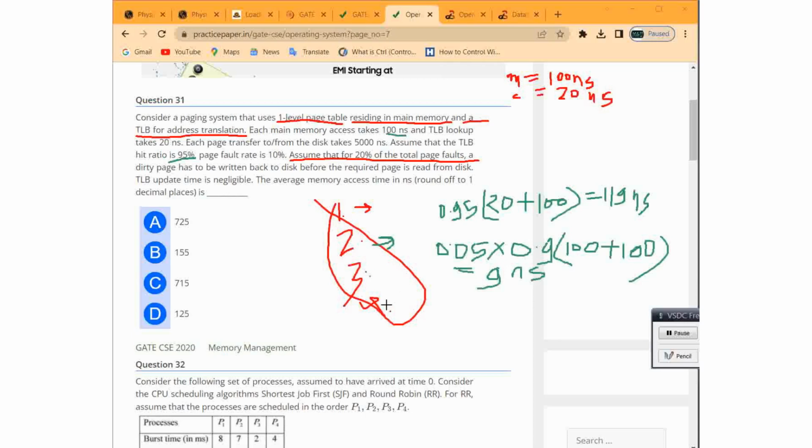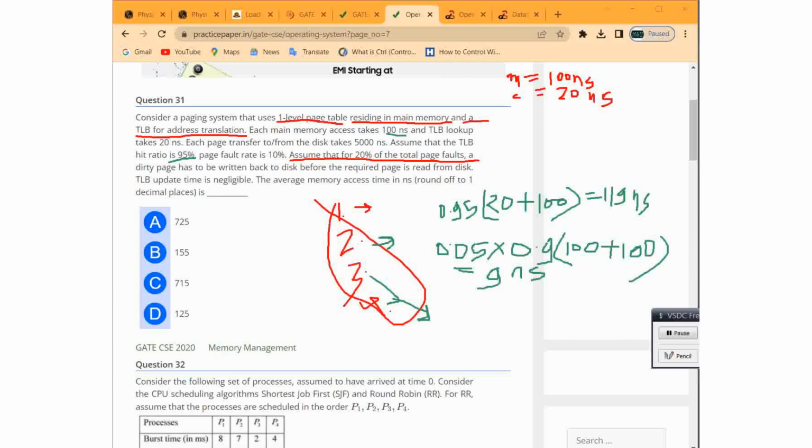Cases 3 and 4, we will merge into one case, when we have a TLB miss with a page fault. This involves bringing in the required page from disk, because the page is not in main memory. So we need to bring the page from the disk, which takes 5000 nanoseconds.